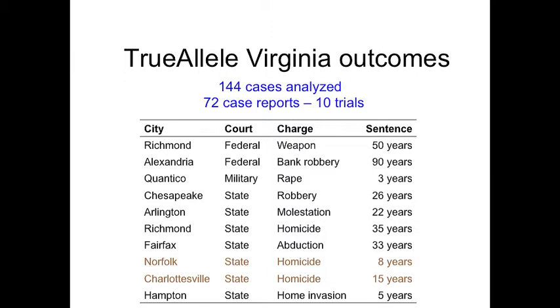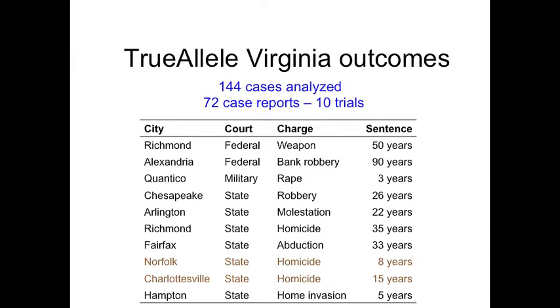And actually, in this particular set, whenever TrueAllele was used in court, somebody went to court, they received some sort of sentence. Most of the cases resulted in pleas when there was an outcome, in the sense that by having strong DNA results, whereas before you didn't have any at all, a plea bargain could be obtained. That was some sort of compromise.